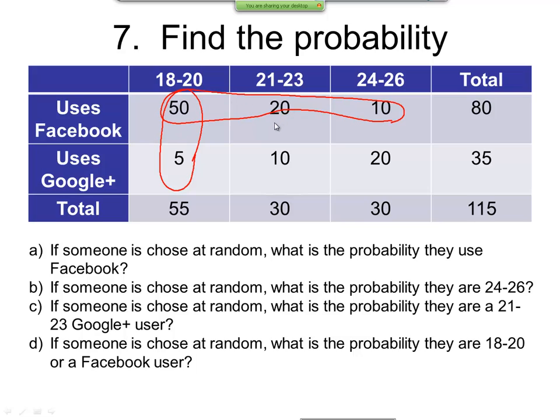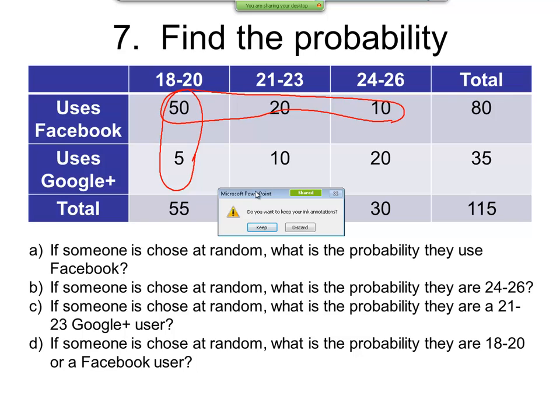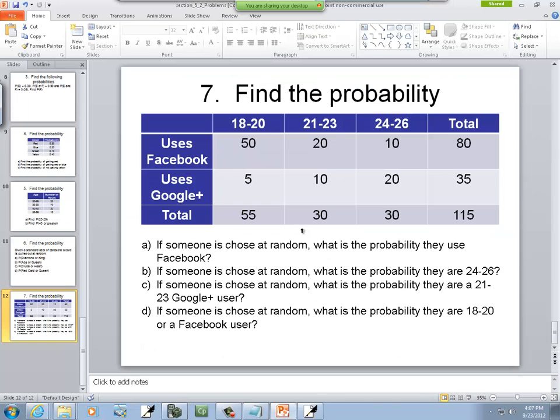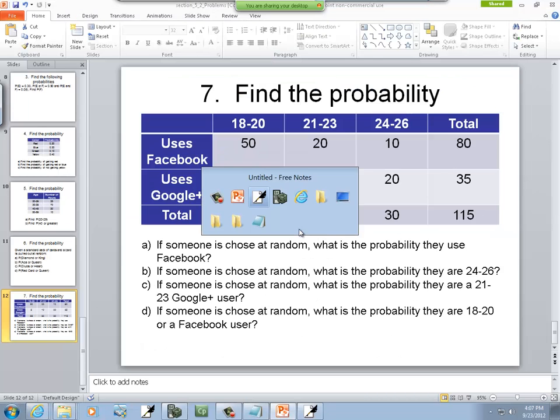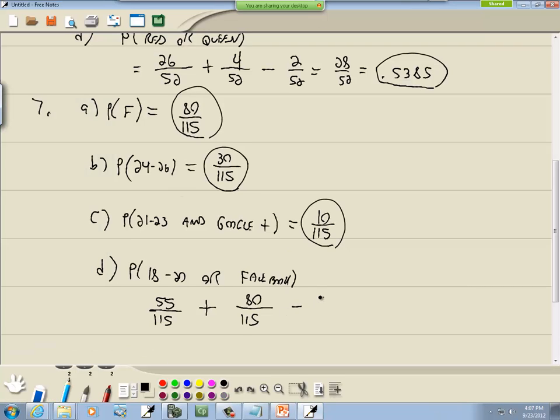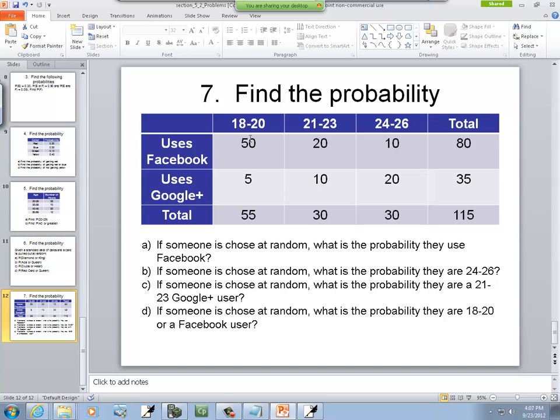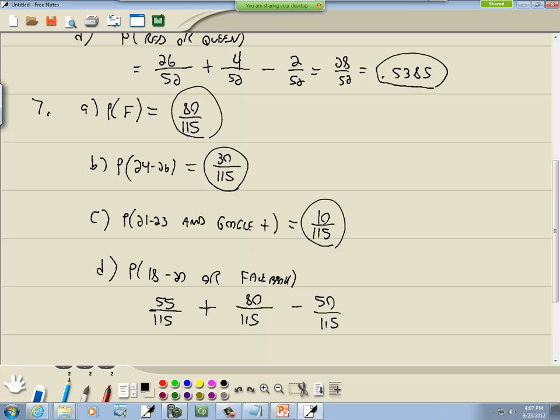So I'm going to need to subtract off the 50, so I'll do minus 50 over 115. Again, I added this column, I added this row, and I added that 50 twice, so we have to subtract that off. And I think that gives us 85 over 115.